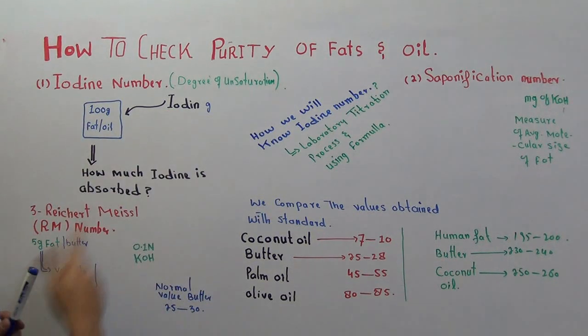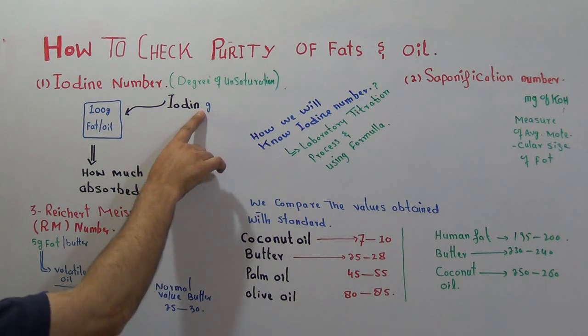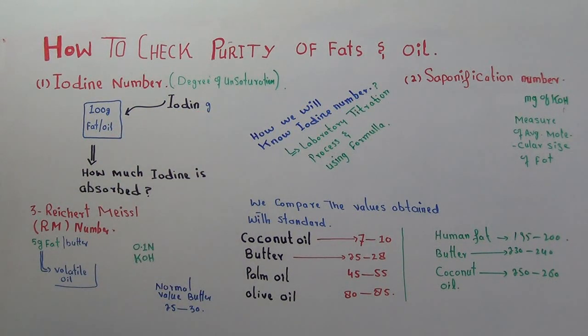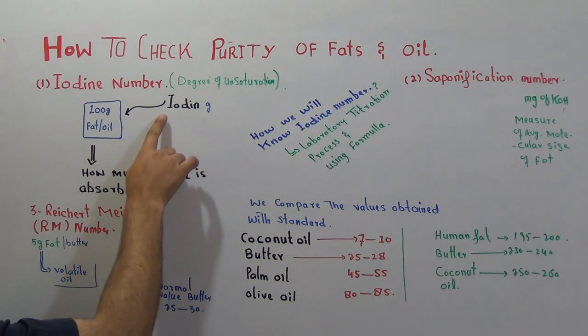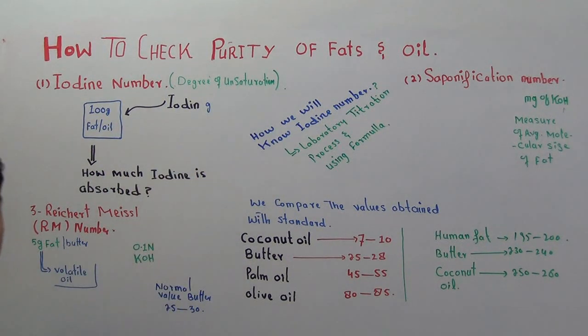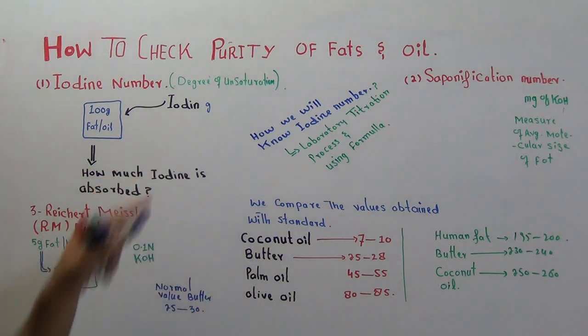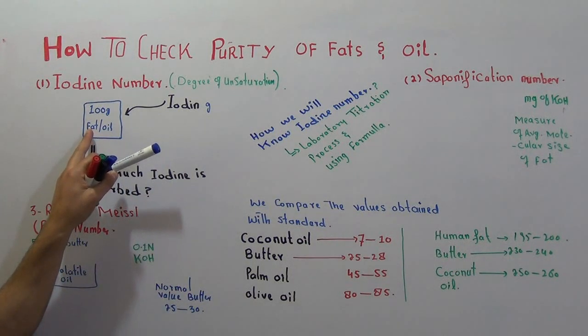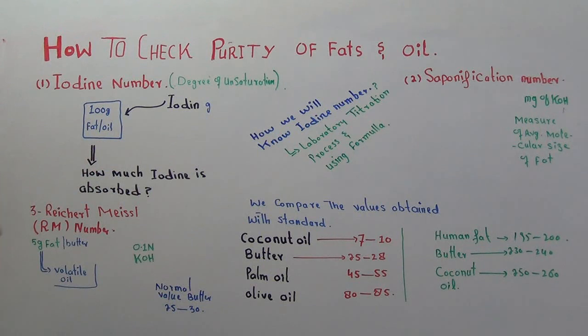Then you will add iodine, and then you will check how many grams of iodine, or we will say number, because then we convert them into a number as well. So how many grams of iodine have been absorbed by the 100 gram of the fats.